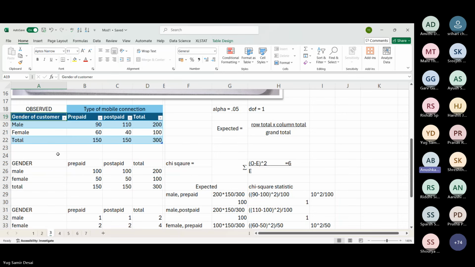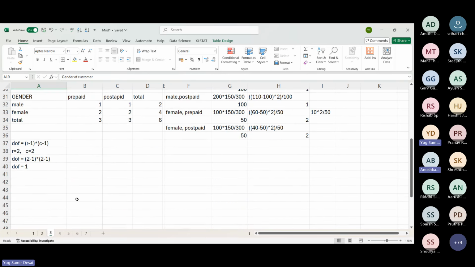Okay. But then what is row minus 1 and column minus 1 here? We subtract 1 so that, as I had mentioned earlier, chi-square is a little more robust as a test, because here it gives us fewer degrees of freedom to be wrong, I would say.